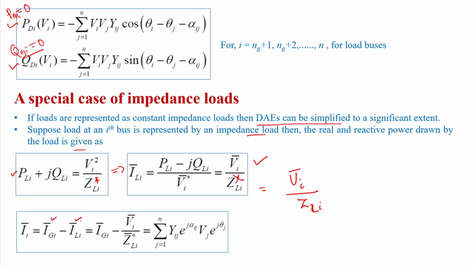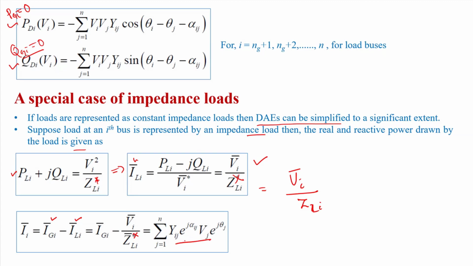ILI I have already derived: ILI is VI by ZLI, it will be ZLI, not ZLI star. That is nothing but the current injection.